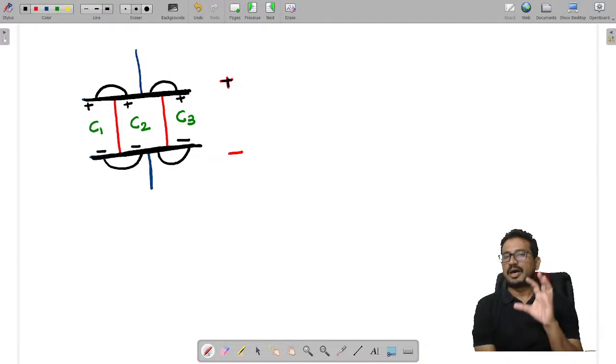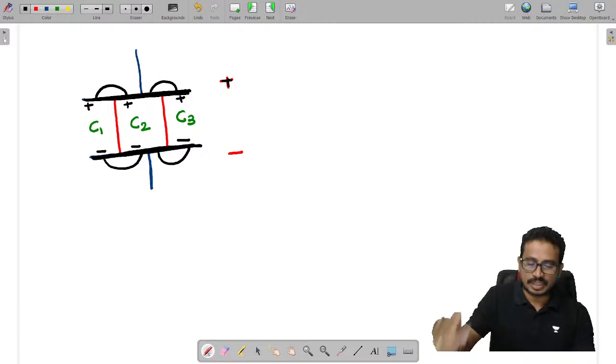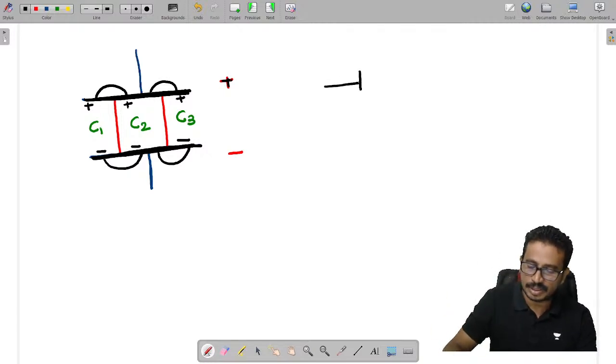Now you tell me, all positives connected, all negatives connected. That means what type of connection can I call it? Positives connected, negatives connected, and again positives connected, negatives connected.